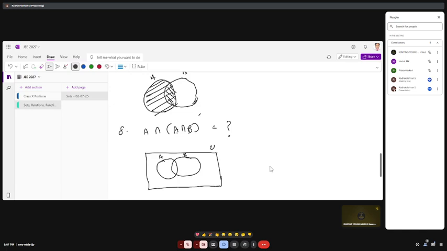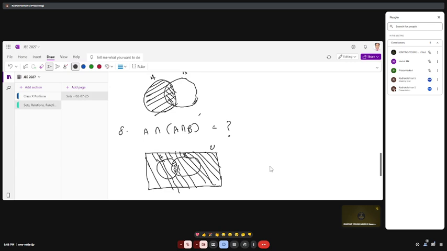Now let us draw this. A intersection B is this. So A intersection B whole complement means everything outside of A intersection B. This whole thing is A intersection B complement, which means it should not be in A intersection B. Otherwise, everything is acceptable.